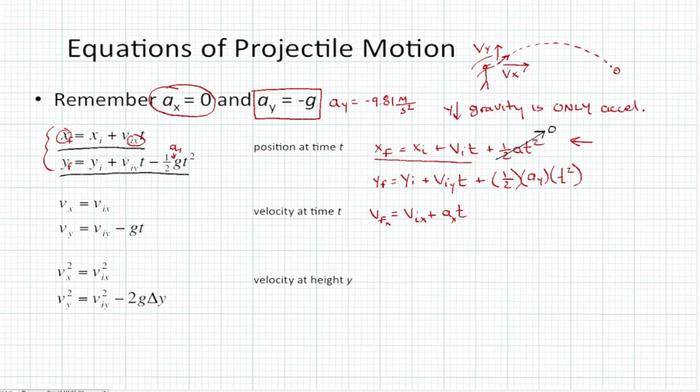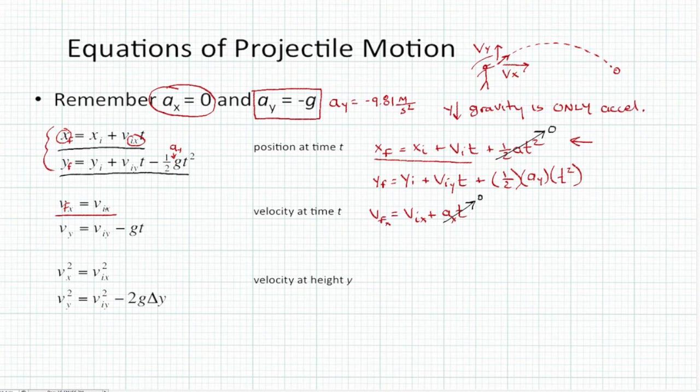But in the x direction, there is no acceleration, right? So that becomes 0. All that becomes 0, and that's what this means right here. This means your v, you might say vfx. By the way, whenever you have vi or vo, that means initial or original.